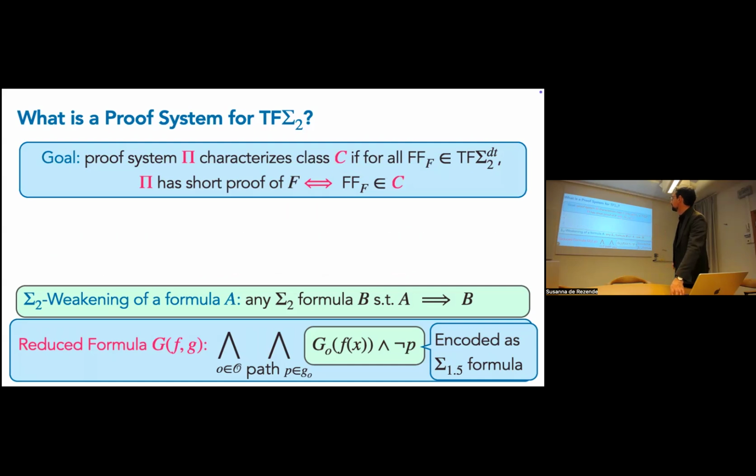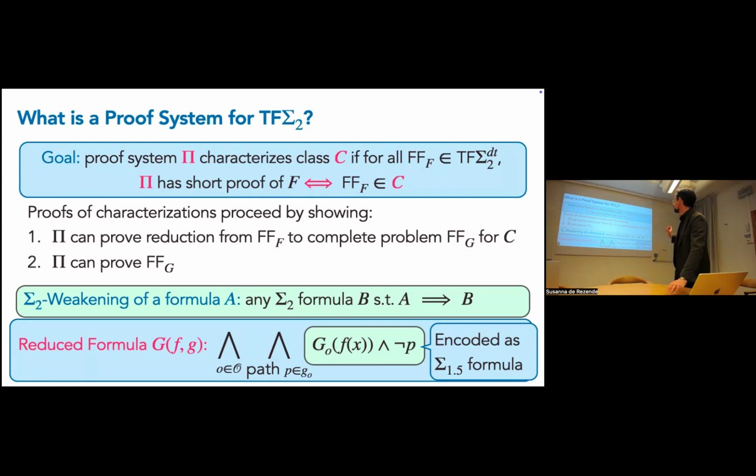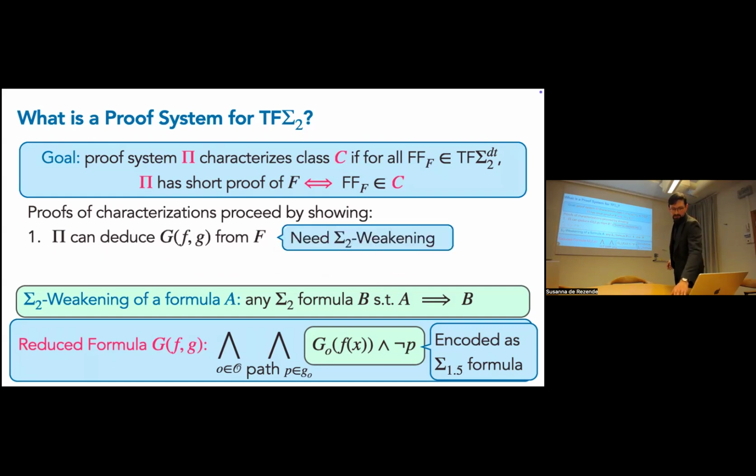But again, our goal is to come up with a definition of a proof system which characterizes TFNP Sigma 2 problems. A proof, again, is just going to be first you run the reduction, then you prove the complete problem. So running the reduction, or deducing the reduced problem, needs Sigma 2 weakening. And for the second one, you can just use a Cook-Reckhow proof system.